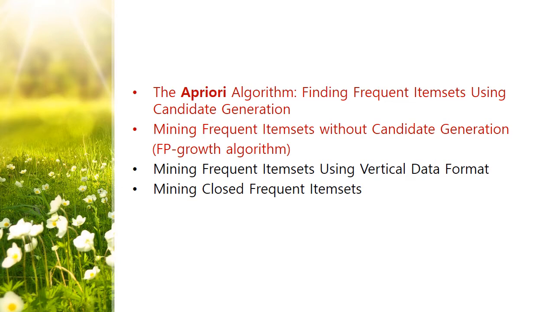Then we will discuss mining frequent item sets using vertical data format, and one more technique based on mining closed frequent item sets. These are included in this session, and these are frequent item set mining methods, or simply association mining techniques.